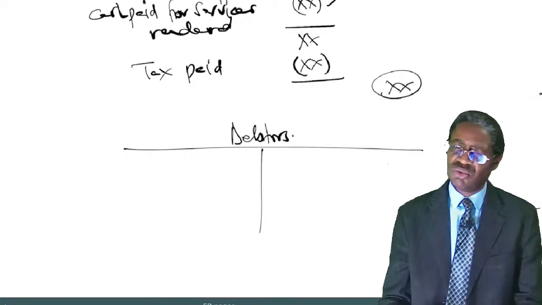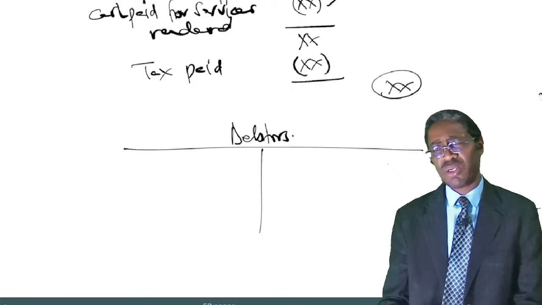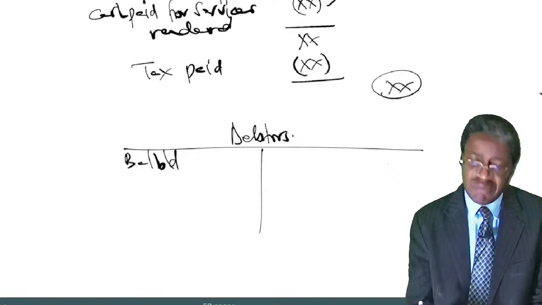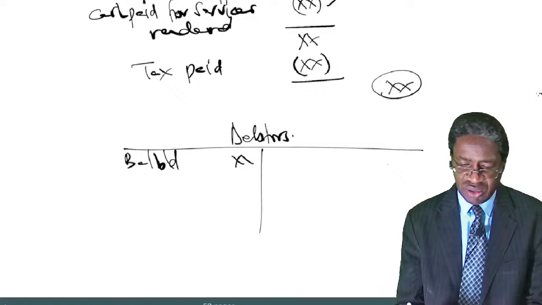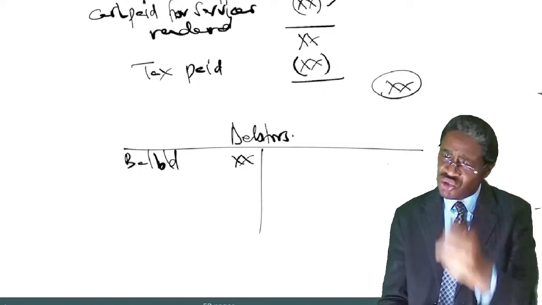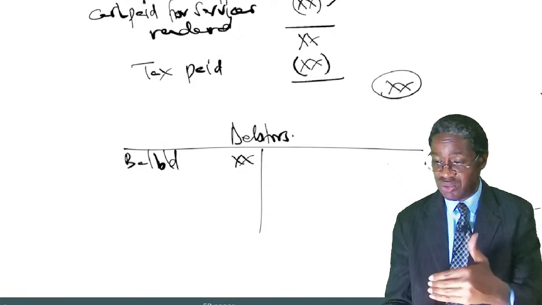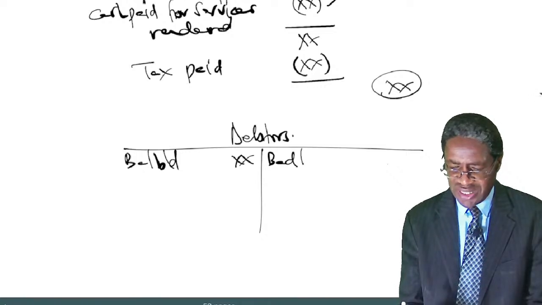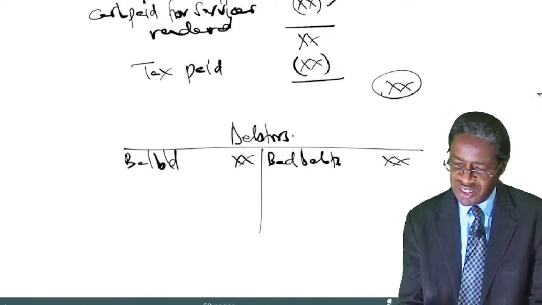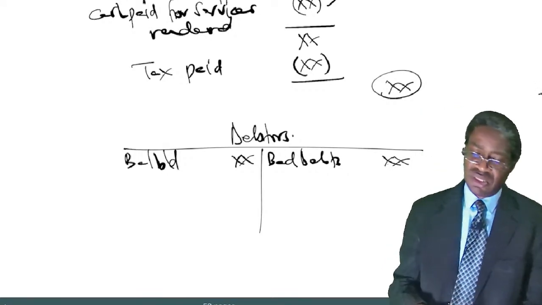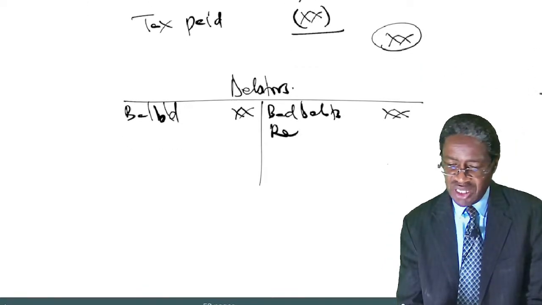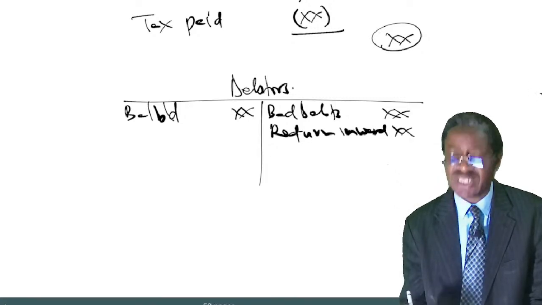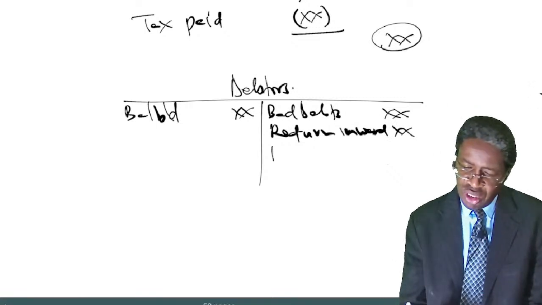Just to remind you, when you used to prepare control accounts, you had to start with the balance at the beginning of the year, the balance brought down for the debtors, whatever it is. Then you had to find out what else affects debtors. Maybe there were bad debts, which are normally credited. Another could be returns inwards, which you usually credited.